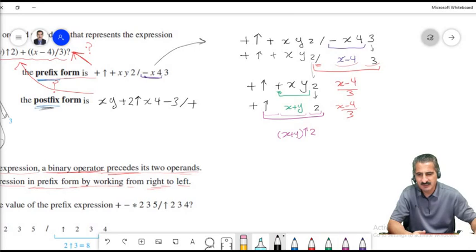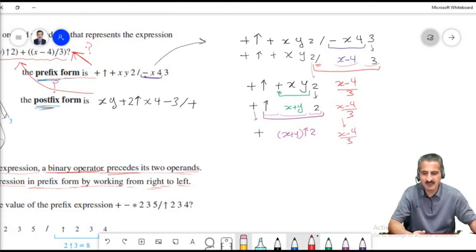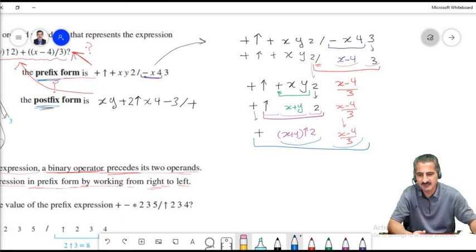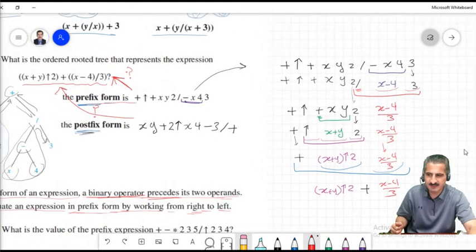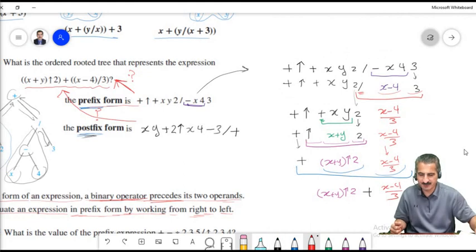And this plus comes down as it is, and this comes down as it is. Now I have two operands, this one and this one, and they come after the plus, so that means we will add them. So we will have x plus y to power 2, and then plus x minus 4 over 3, and I got the expression back, this expression here.